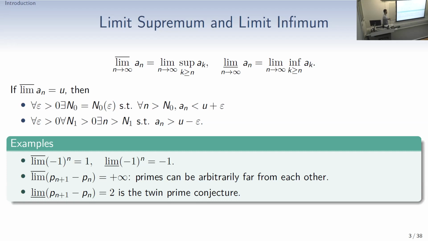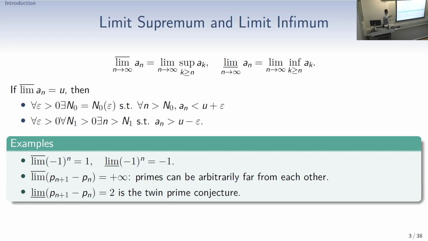Some examples that can be expressed using limit supremum and limit infimum are shown below. Suppose we consider the sequence (-1)^n. It equals 1 infinitely many times, and equals -1 infinitely many times. This indicates that the limit infimum of the sequence is -1 and the limit supremum is 1.